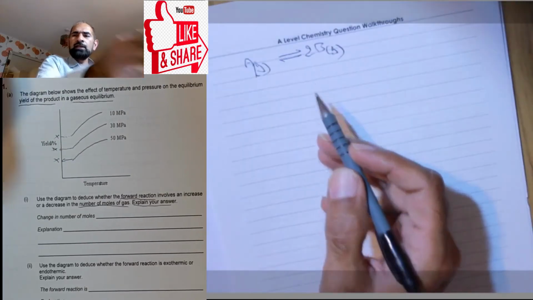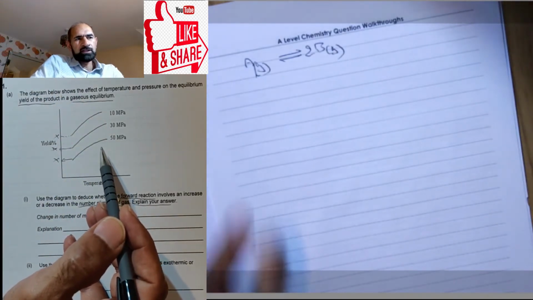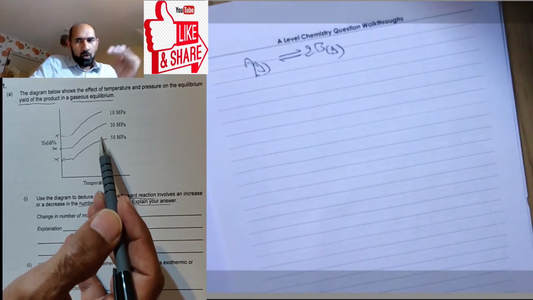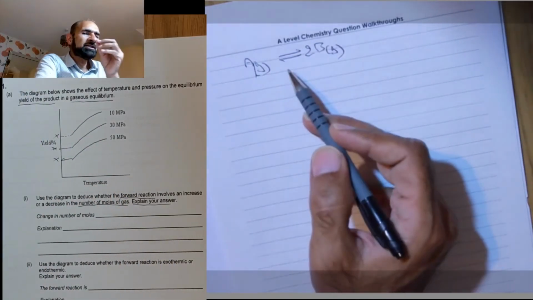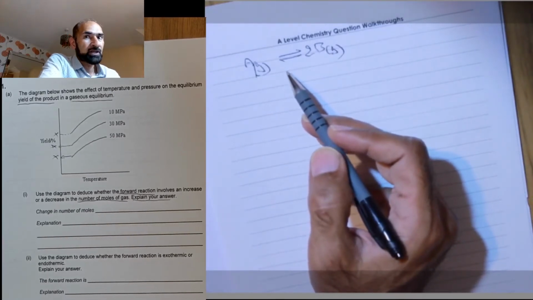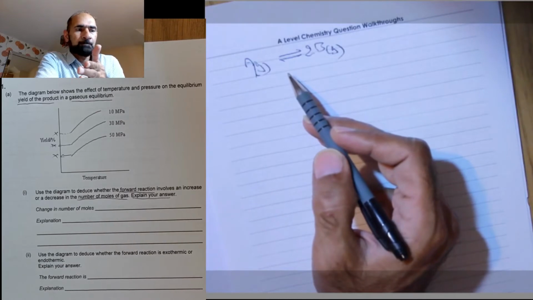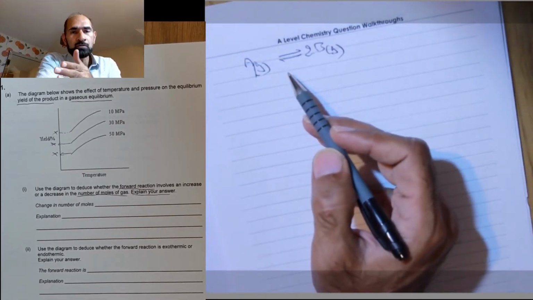So in what situation will lowering the pressure increase my yield? So if I decrease the pressure, this equilibrium will try and increase the pressure, and it will only do that by moving towards the direction where there are more moles.